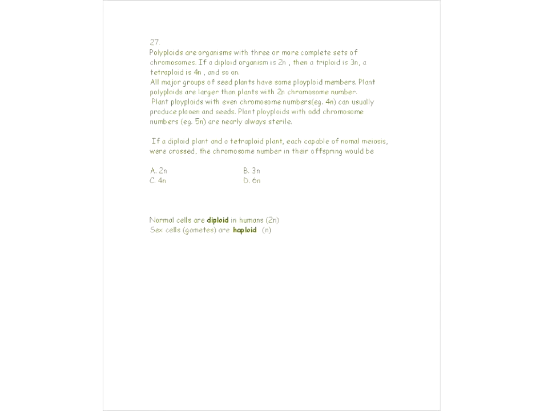It says polyploids are organisms with 2 or 3 or more complete sets of chromosomes. Normally in humans we're talking about diploid organisms, which are 2N, but you can also have 3N organisms and 4N. So 3N is triploid, 4N is tetraploid.